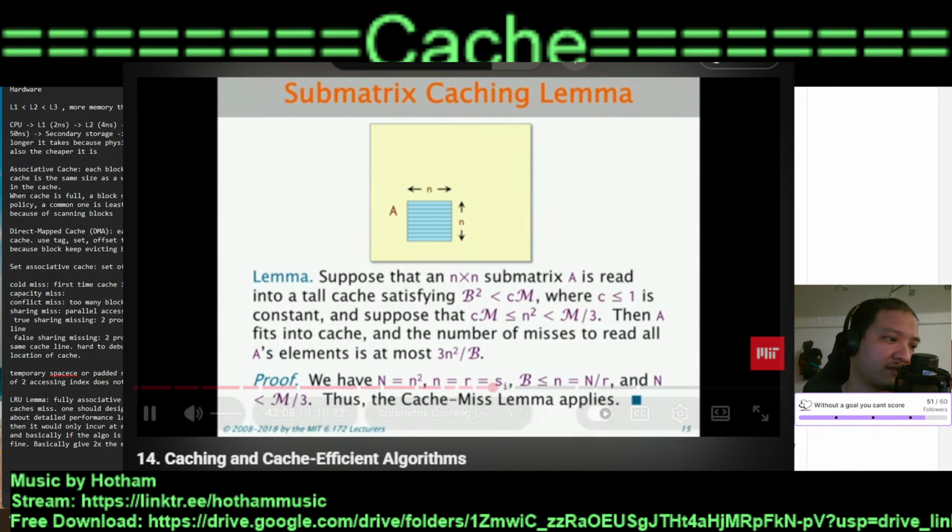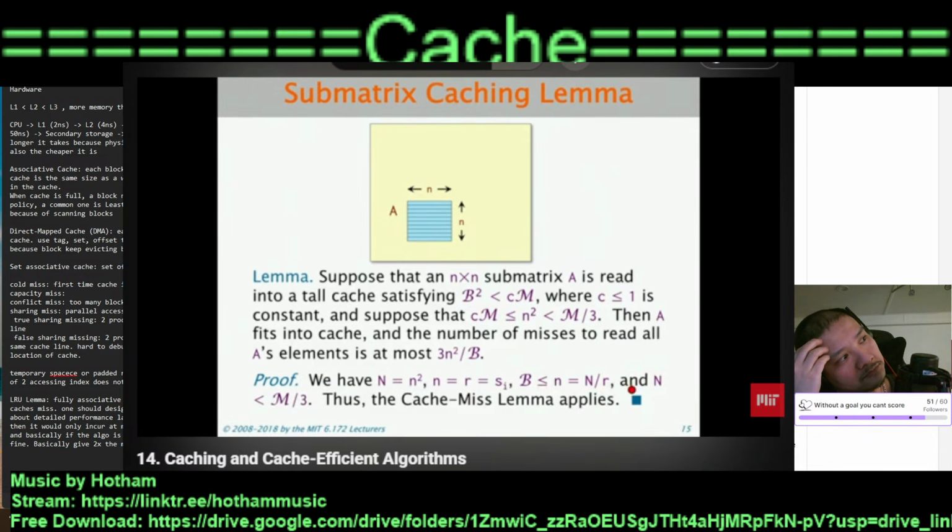So you just follow from cM to n, and then finally to N over R. Now I also have that n squared is less than M over 3, just by assumption.